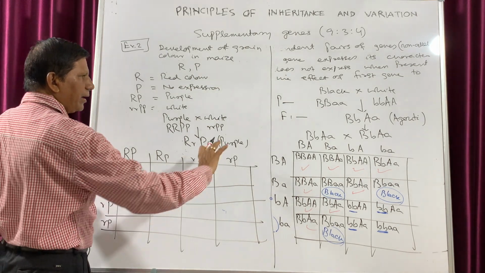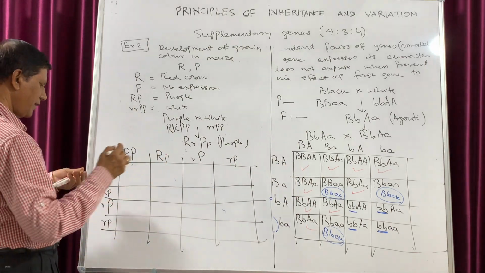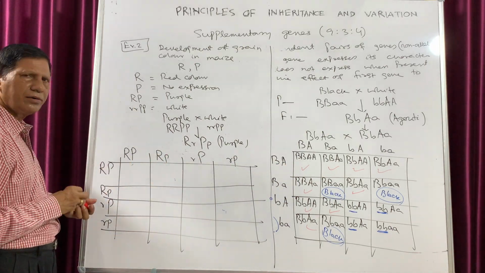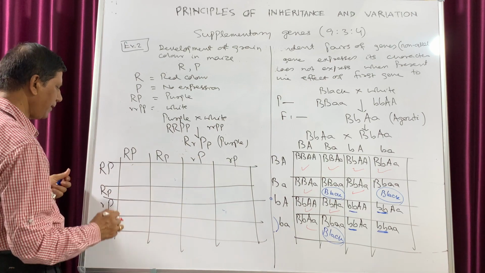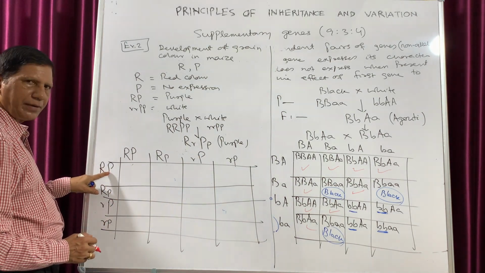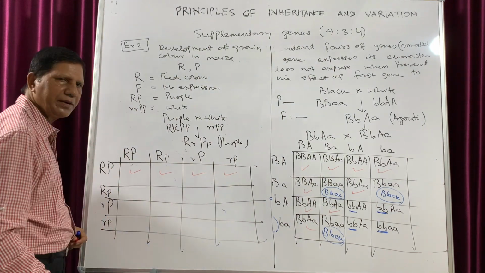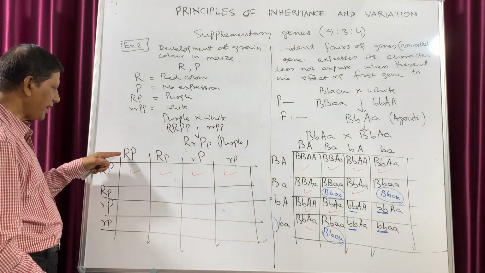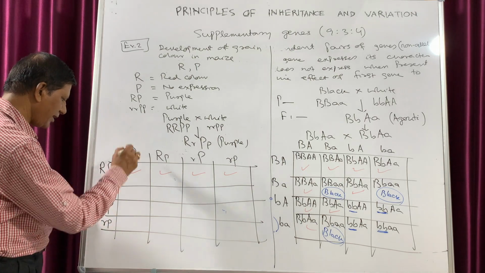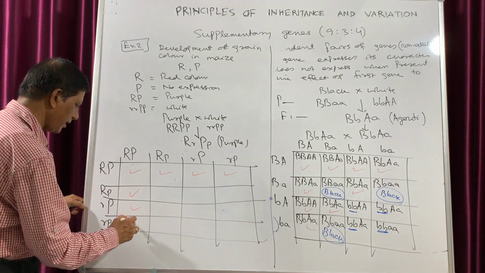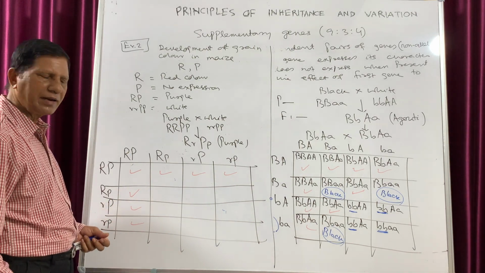So if you draw like that, we'll find, I am not drawing, you can draw the whole thing. Here capital R, capital P there. That means in all these four cases, there will be capital R and capital P. Here capital R, capital P is there. That means in this column also, all will be capital R and capital P.